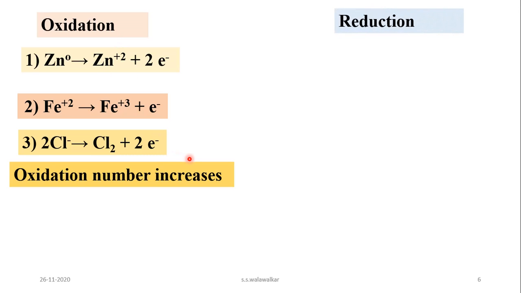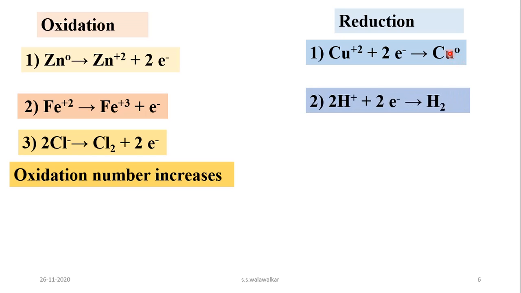Like that, reduction means gain of one or more electrons. So here copper ion, Cu+2, when it accepts 2 electrons, gets converted into copper metal. Or 2 hydrogen ions, when they accept 2 electrons, form a hydrogen molecule.